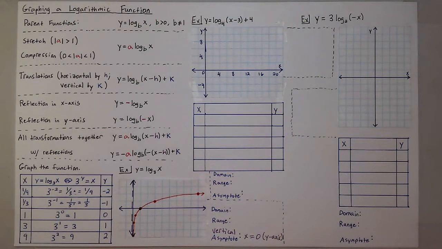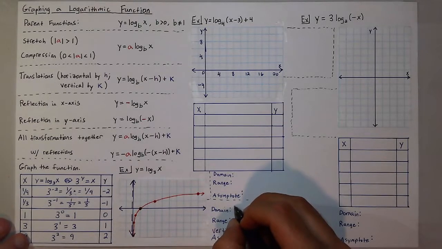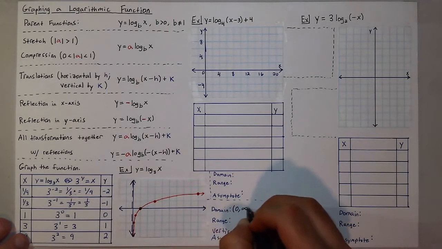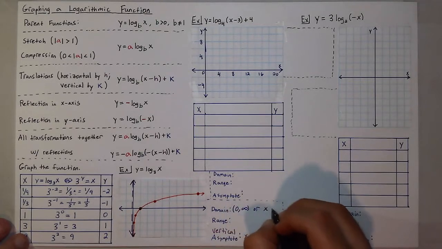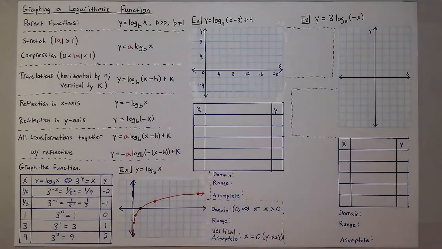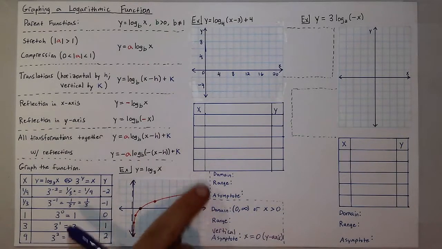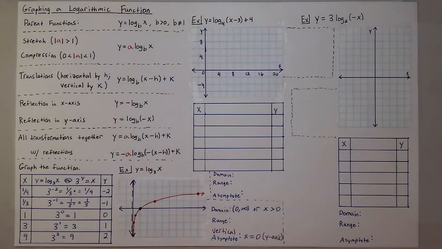Now, a few other key things change as well. The domain for this function is not all real numbers like an exponential function. It's actually cut off at 0, so the domain is 0 to infinity or x is greater than 0. And the range for an exponential function was 0 to infinity typically, but you're going to see here that the range is all real numbers because it will continue to grow and it will get as low as you need it to be.